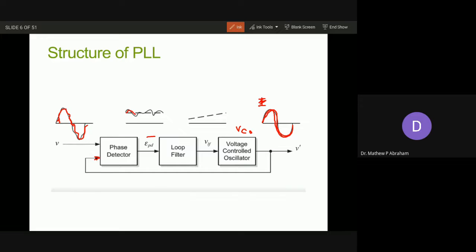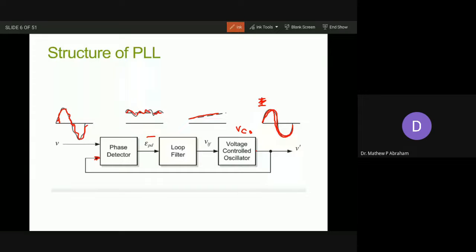It will be somewhat like a noise signal. So in order to get a steady output voltage, we have to filter out all these noises. So we provide a filter so that it creates a steady voltage as an output. That steady voltage is given to a voltage controlled oscillator. So that voltage controlled oscillator will be producing a pure sine wave.